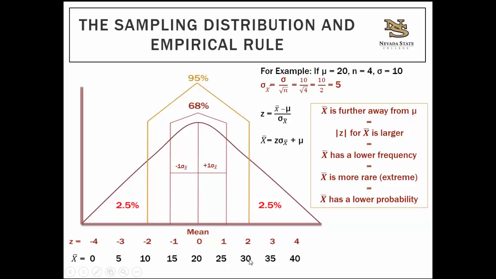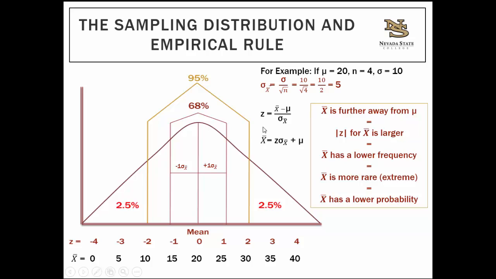Same sort of thing that you looked at before, only now instead of looking at scores and the standard deviation, we're looking at sample means and the standard error. And just like before, only 2.5% of sample means are more than 2 standard errors above the population mean, and only 2.5% of sample means will be more than 2 standard errors below the population mean.